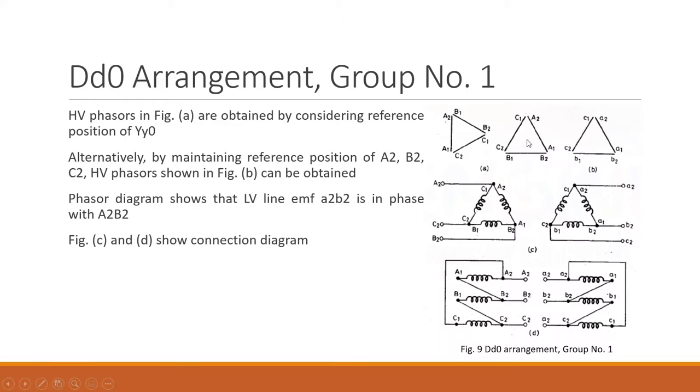So alternatively this diagram can be obtained. See, the assumption is the same: A2 will be at the top, B2 at the right corner, and C2 on the left corner. So the condition is the same.